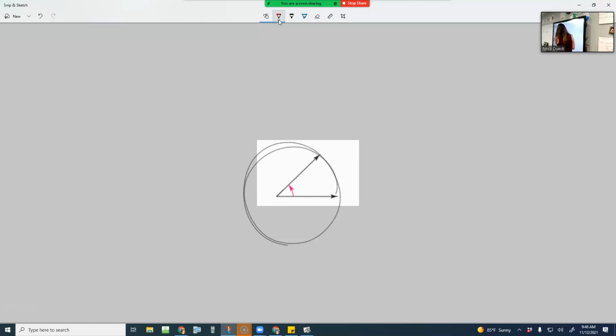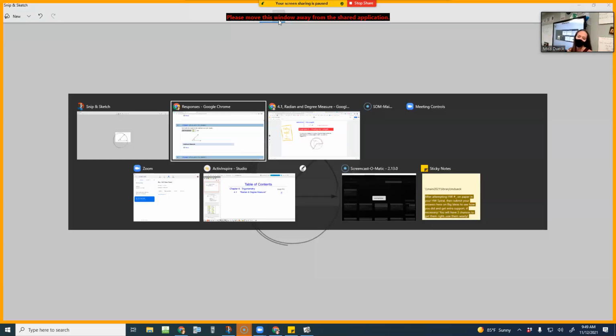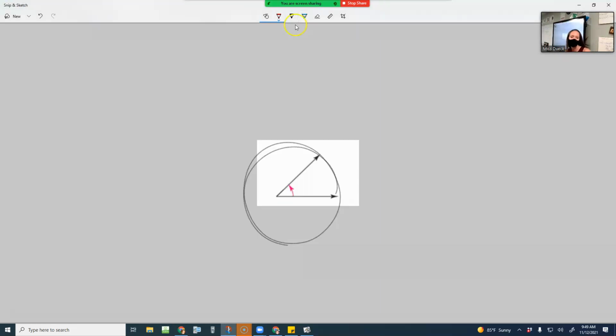Here's a radius, right? If I take this radius and if I wrap it around, what is this closest to? 1. This right here, starting in standard position, this is closest to 1 radius, right? So therefore, if I was to go to the nearest 1/2, 1/2 radius would be less.